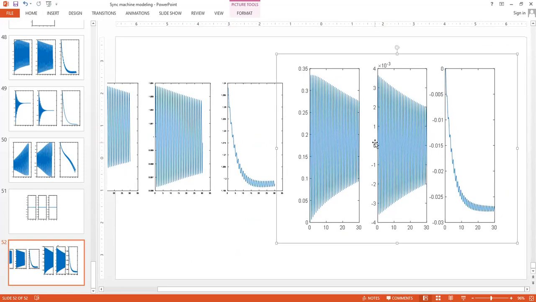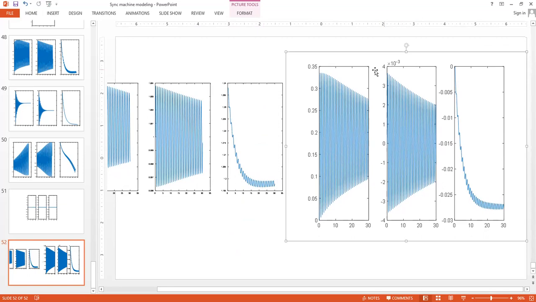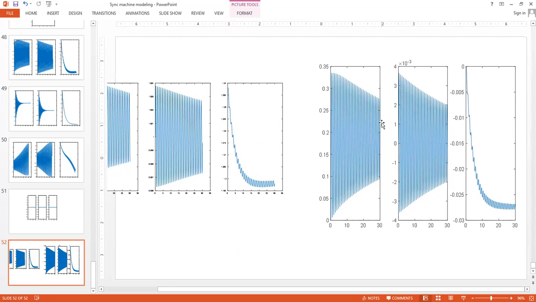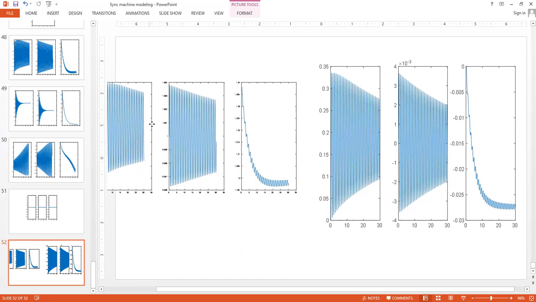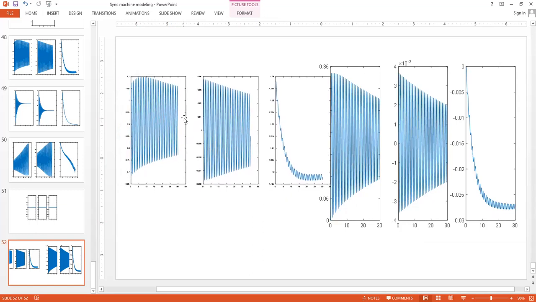So that means you can apply a linear control technique to design some control for the linearized model over here, and then you can come back and take the control block and try to control the original nonlinear model. Remember, our model itself is nonlinear.